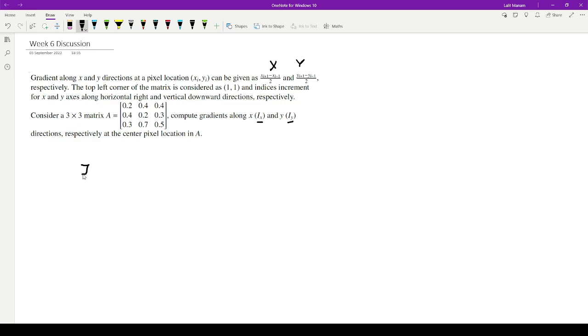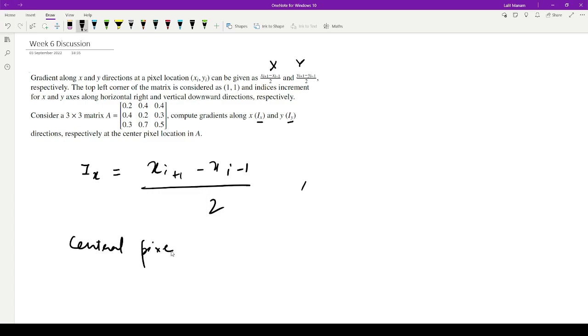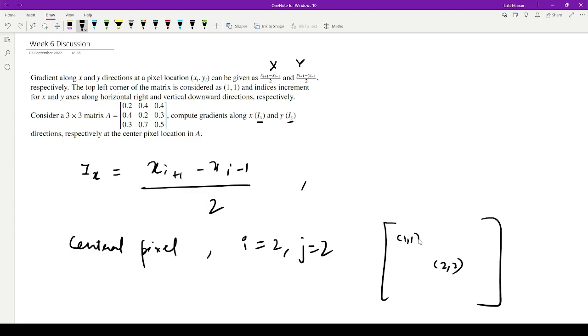So it's simple, right? We are given the formula Ix = (x of I plus 1 minus x of I minus 1) by 2. Here for the central pixel, what is our i? 2, and j is 2, right? So this is 2 comma 2 given the convention.